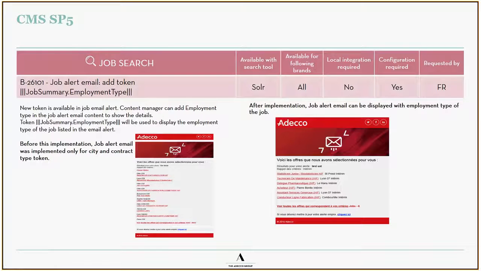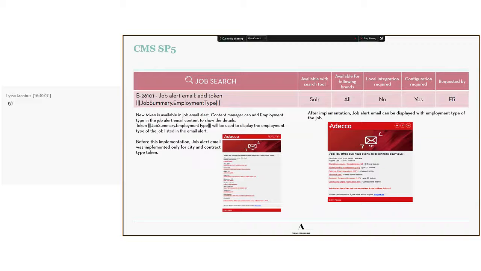Again, this is a request from France, where if I, as a candidate, receive any job alert, I should be able to see the employment type also. This is the enhancement, or I would say continuation, of the previous change which we did for the contract type.